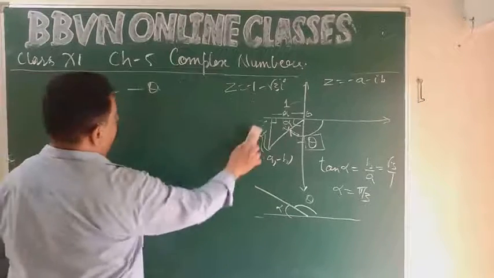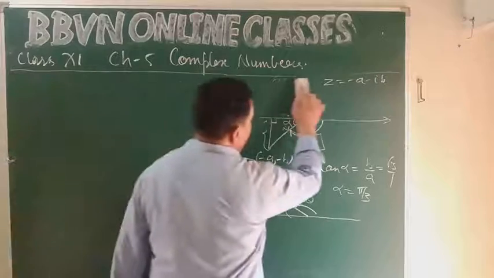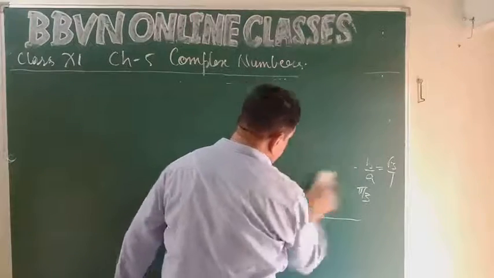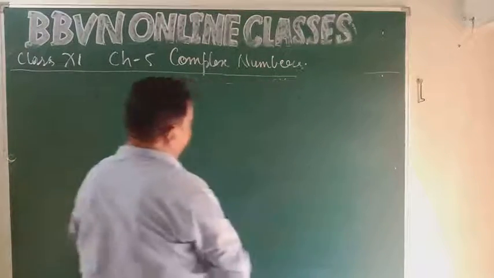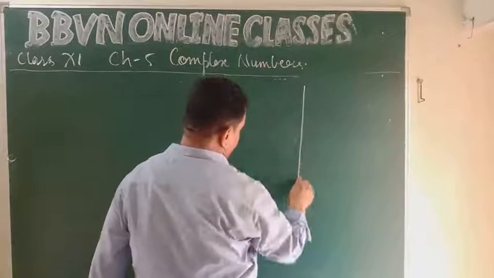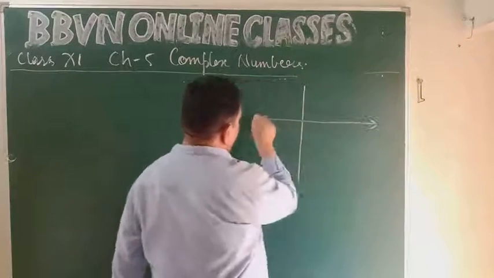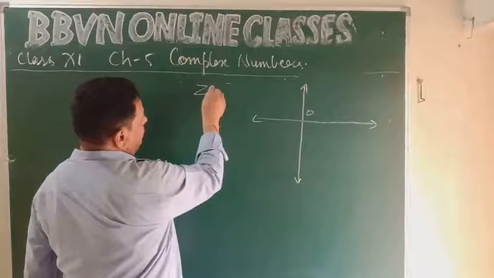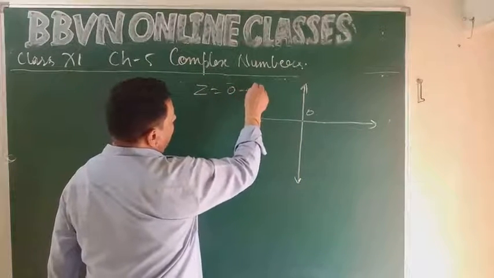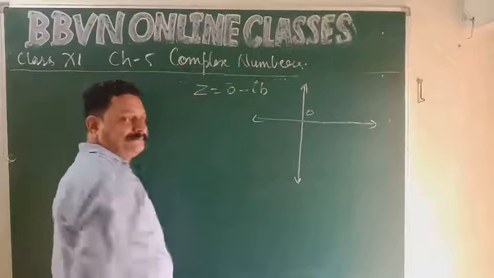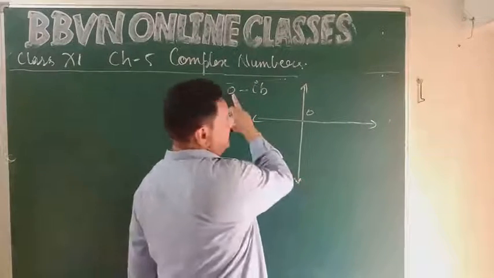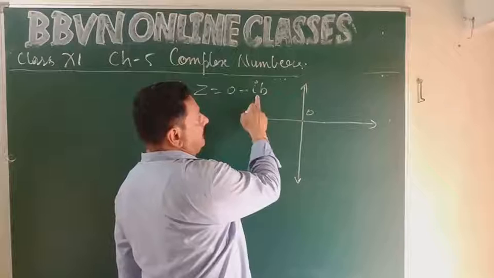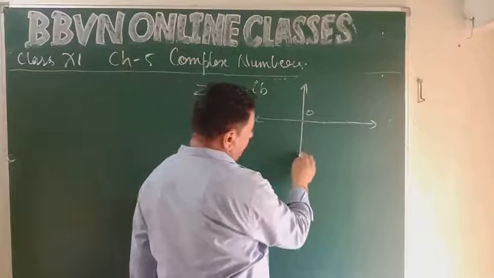Case number 4: if z lies on the negative y-axis. Suppose your complex number is in this form, z equal to 0 minus iota b. So the x coordinate is 0, the y coordinate is minus b here.